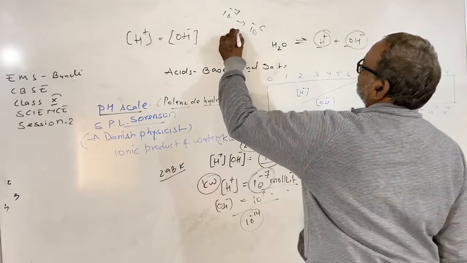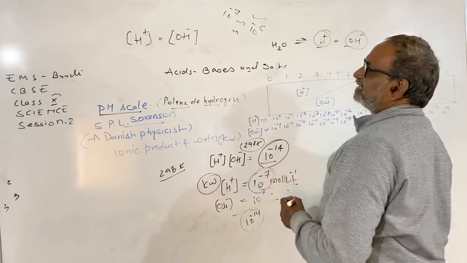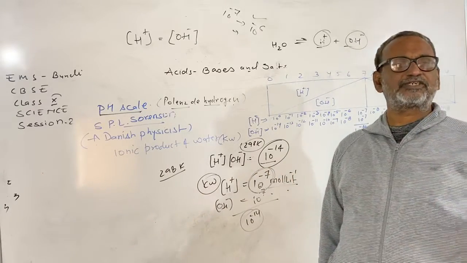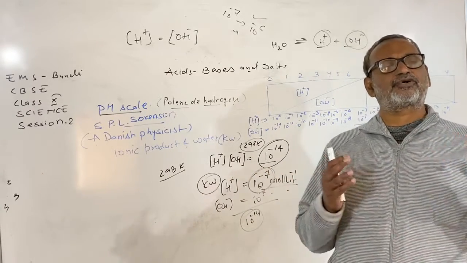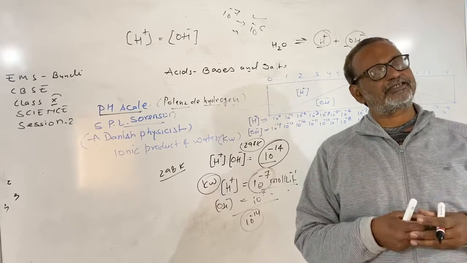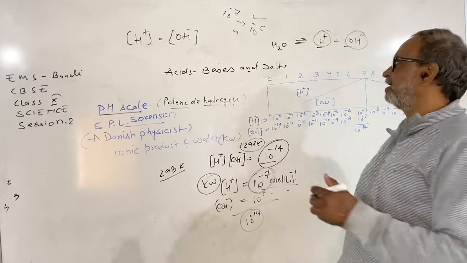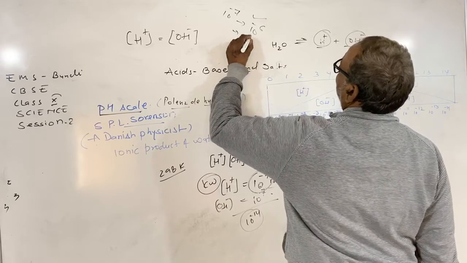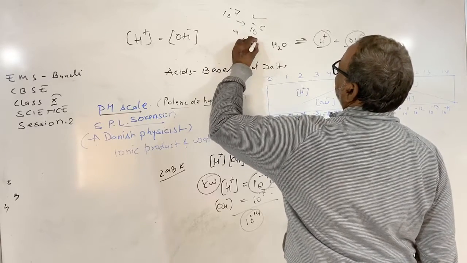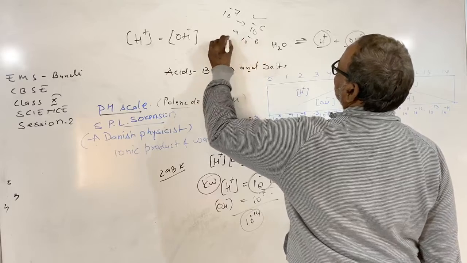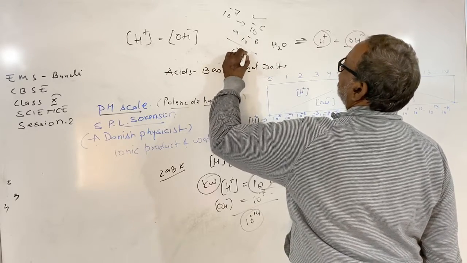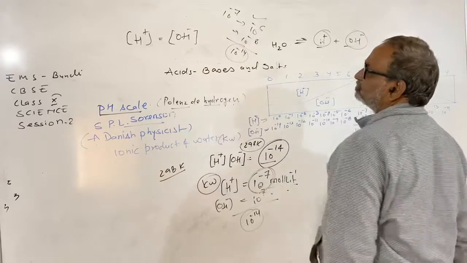And as the concentration of hydrogen ion is increased, there will be a corresponding decrease in the concentration of hydroxide ion, so that the ionic product of water will remain constant, and hence the concentration of hydroxide ion will decrease from 10 raised to the power minus 7 to 10 raised to the power minus 8, so that the ionic product remains 10 raised to the power minus 14.